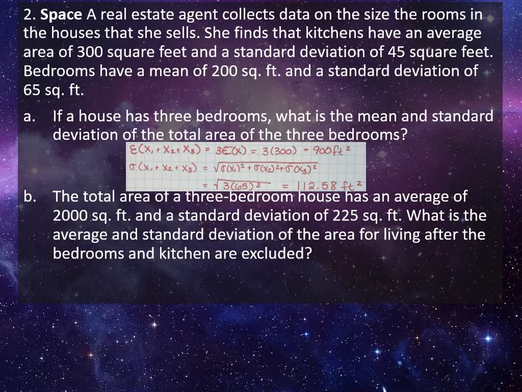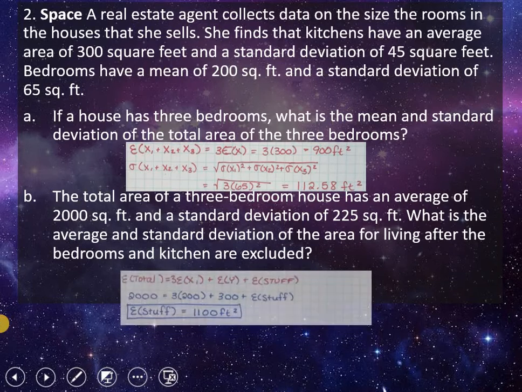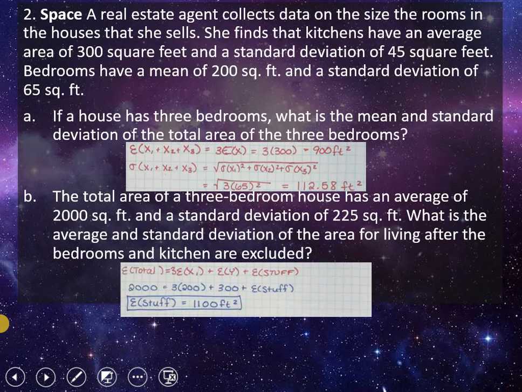So I can easily figure out what the expected value of everything else is going to be just by doing basic addition and subtraction, because expected value is easy. And that rest of that stuff should have an expected value of 1,100. Your closets, your living room, your bathrooms, all that other stuff.